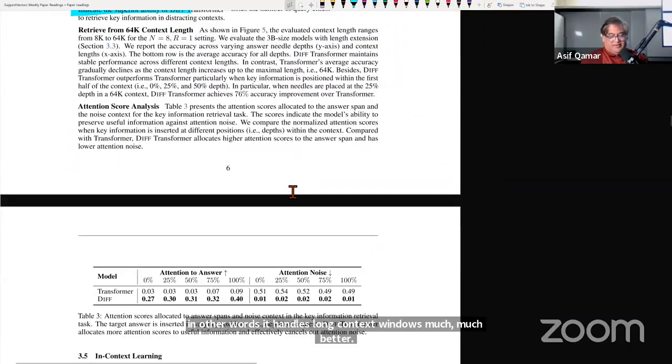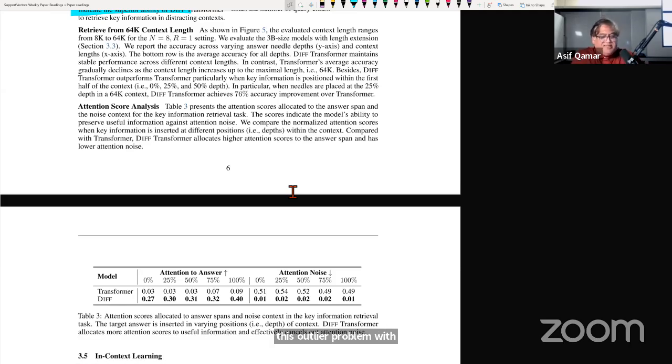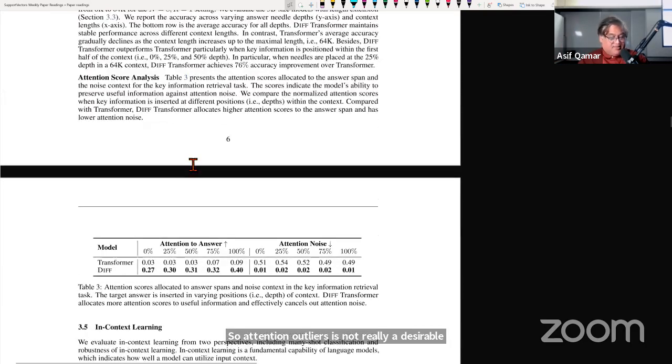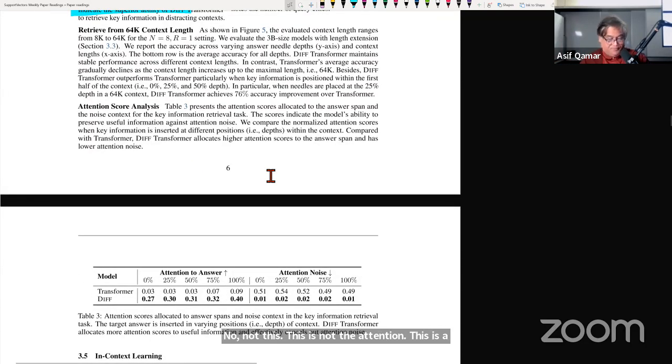So the other thing is this outlier problem with attention scores. So attention outliers is not really a desirable, well, no, not this. This is not the attention. This is a basic attention analysis. So this is different, sorry.